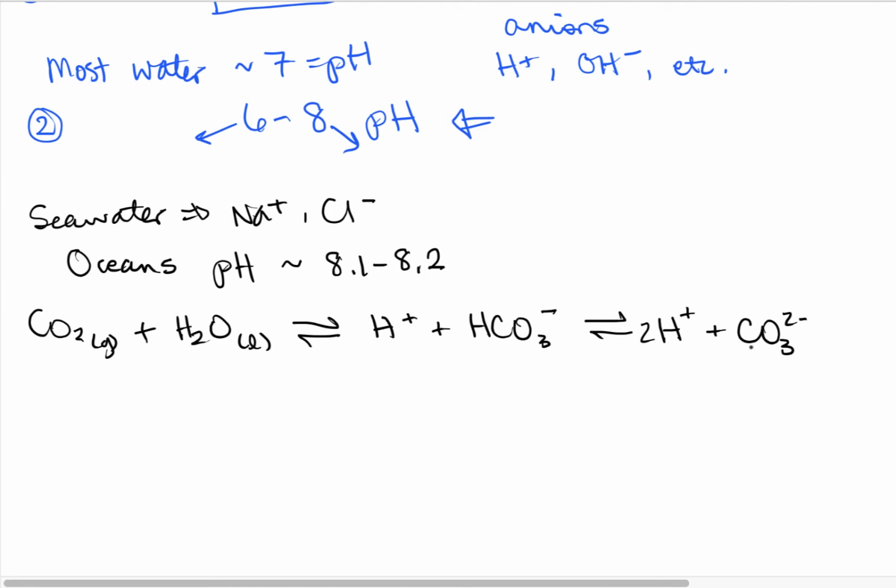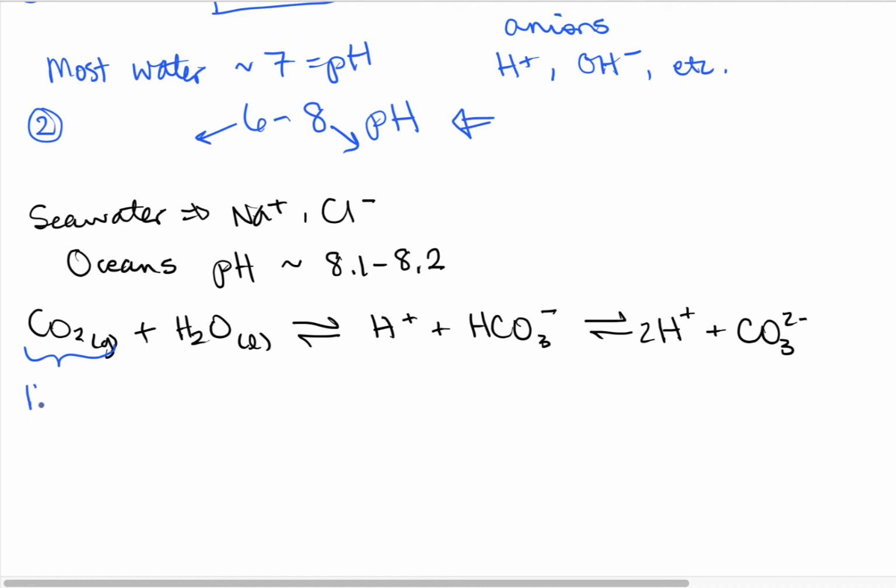And so depending on what our H plus is, these two equilibrium reactions will be somewhere in their range. So what are some of the variables that are affecting the amount of carbonate, the amount of hydrogen carbonate, and the amount of carbon dioxide that's dissolved?